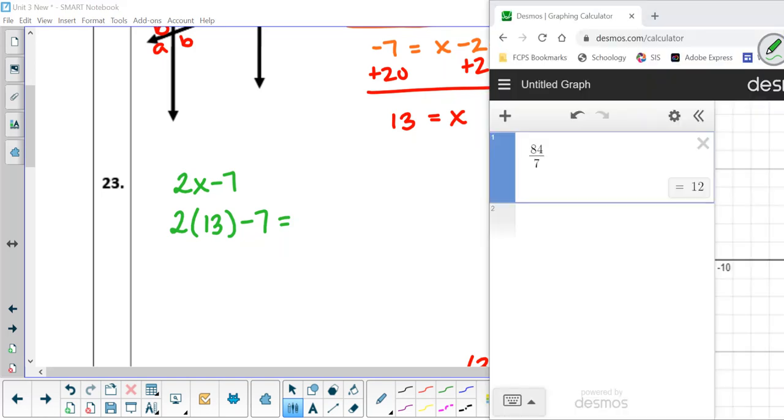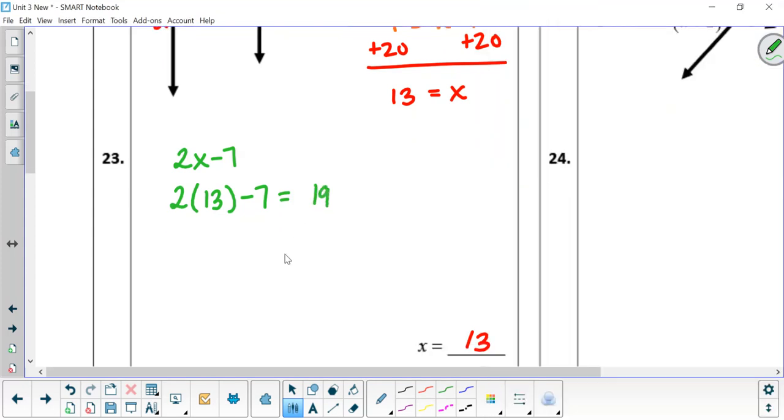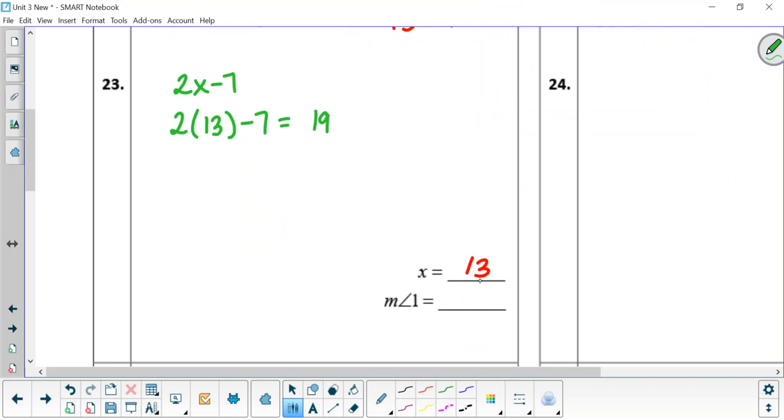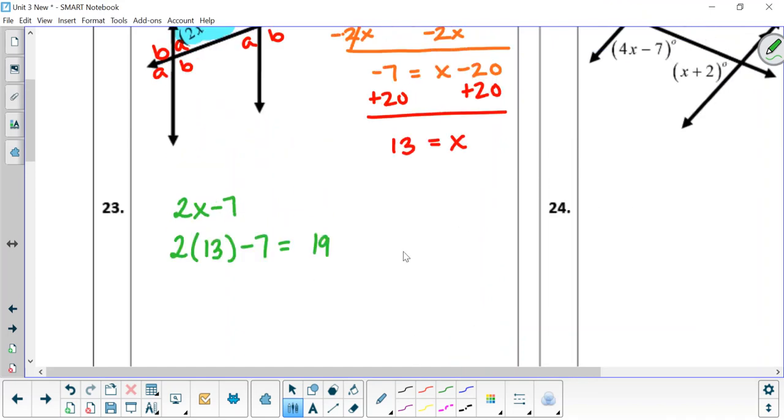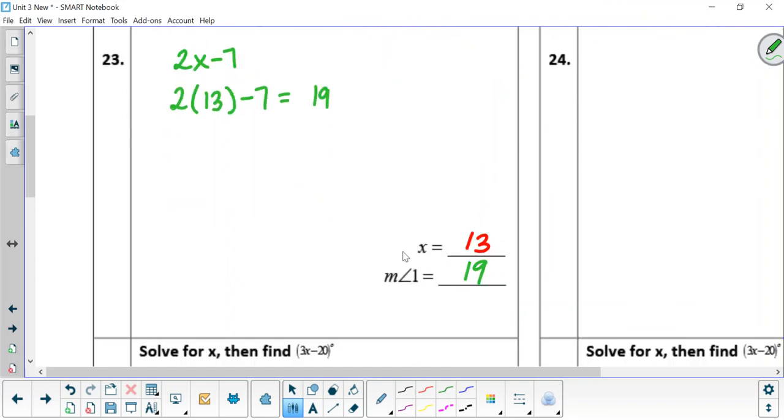Once I have that, I can go to Desmos. 2 times 13 minus 7 gives me 19. So angle 1 is equal to 19. Again, I'm going to leave 24 for you to try. Check your work.